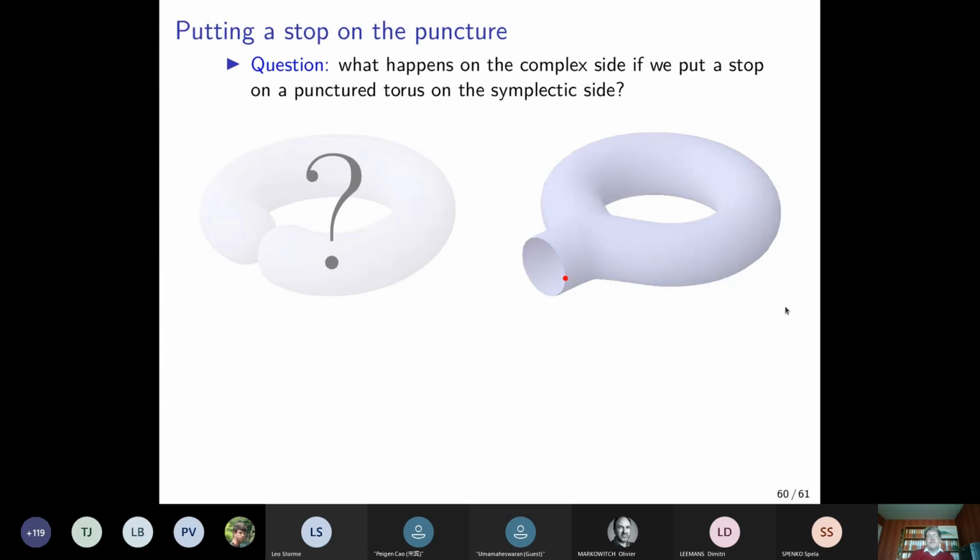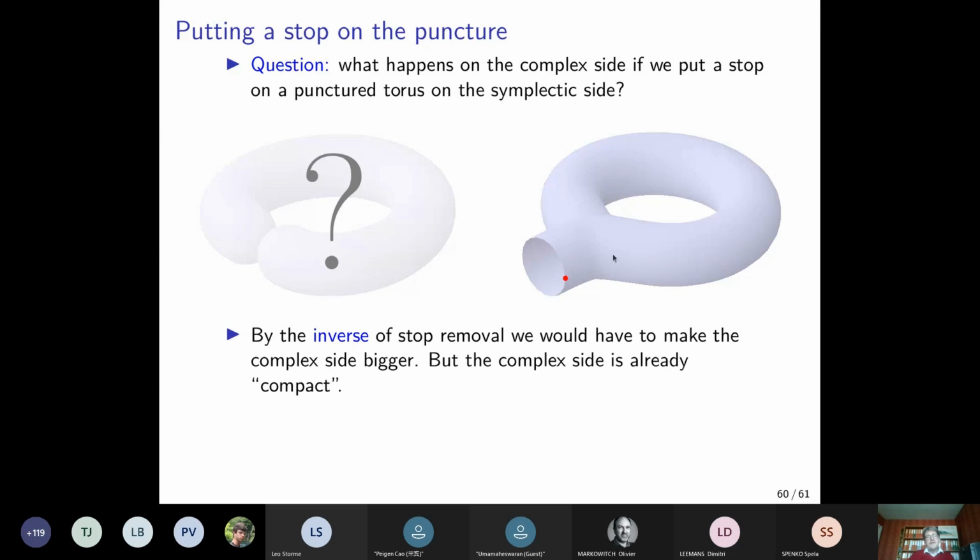Now I'm going to end with a question. Here we have a boundary component. What happens if we put a stop there? What happens on the complex side? Well, before we were removing punctures, and this meant that we also had to remove something on the complex side.